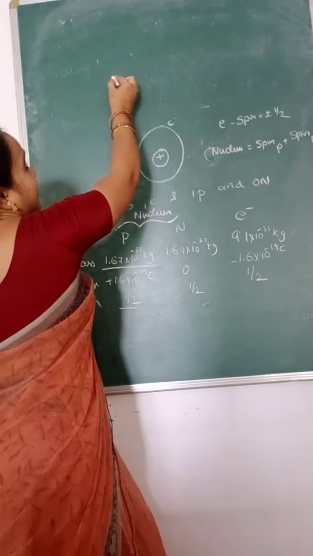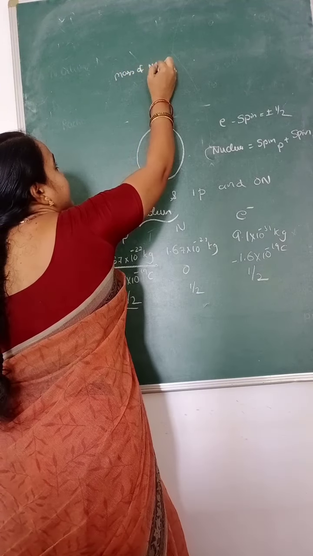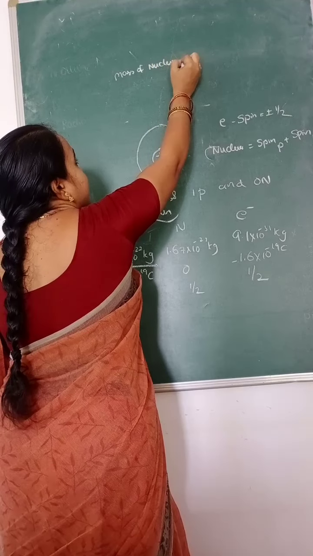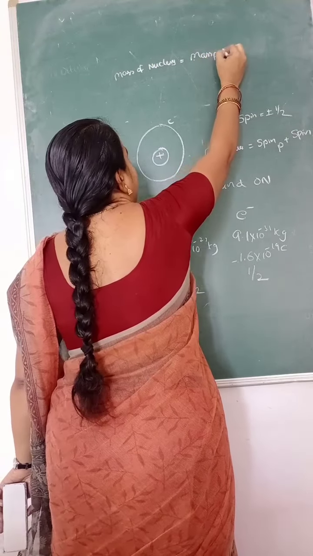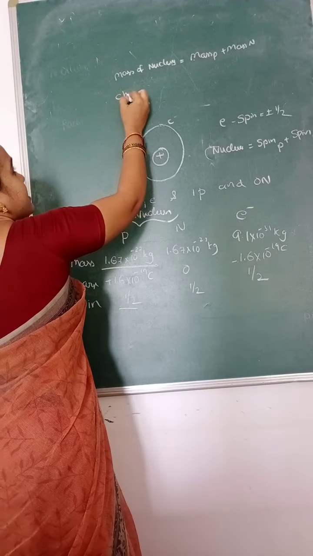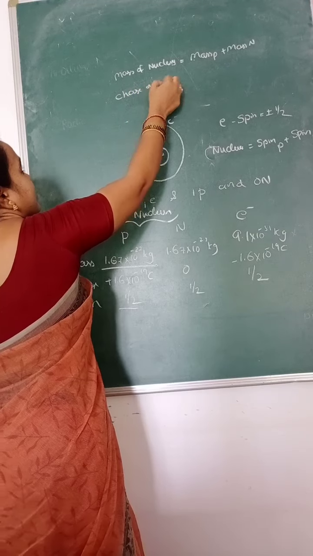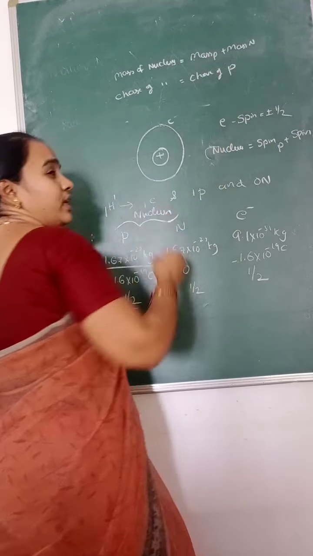What is the mass of the nucleus? Mass of proton plus mass of neutron. The charge of the nucleus is the charge of the proton only.